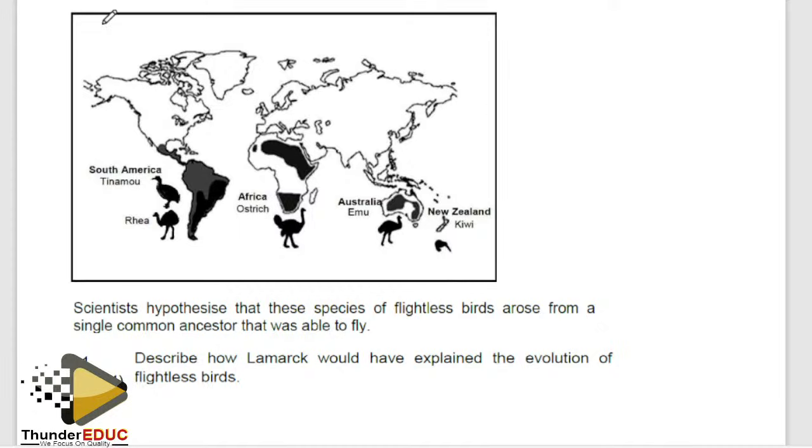Guys, before I start to talk about evolution, the way the papers are now being set is a little bit different. We used to have a lot of marks in human evolution, and we were specific that human evolution takes this amount of marks. But now it's not the case.